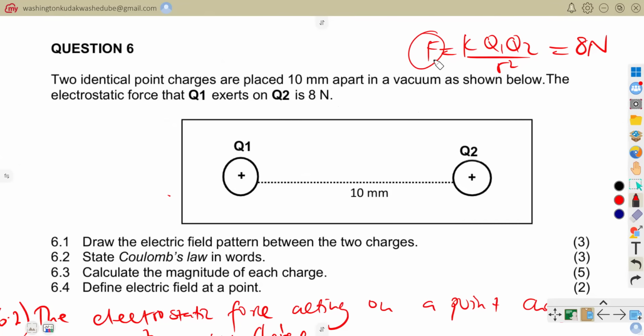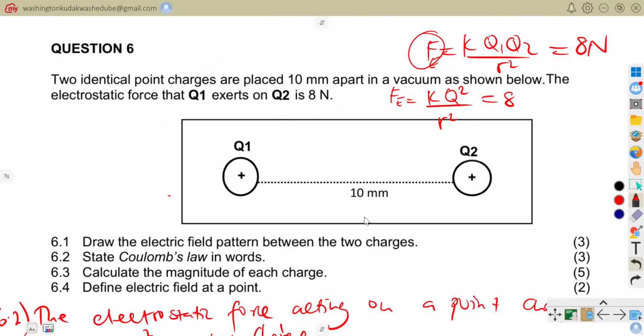Calculate the magnitude of each charge. Q1 and Q2 are identical point charges, so they are equal. So Fe would be equal to KQ squared all over R squared, because the charges are identical, and this is equal to 8.